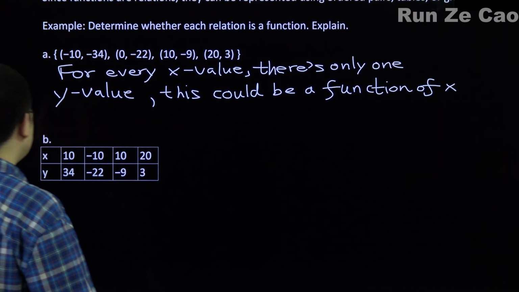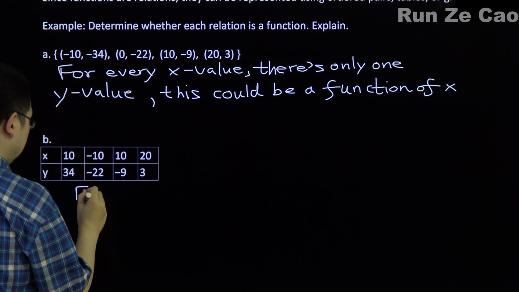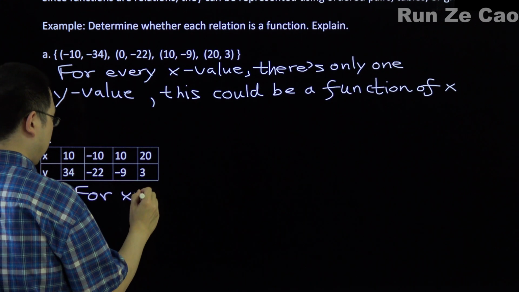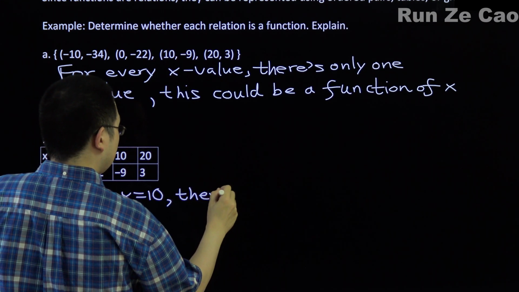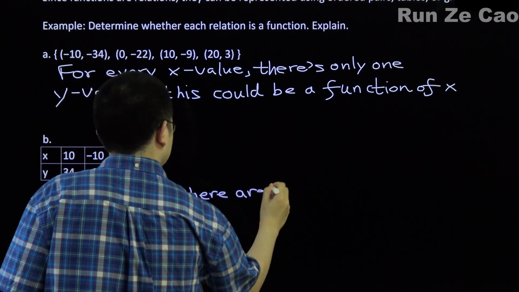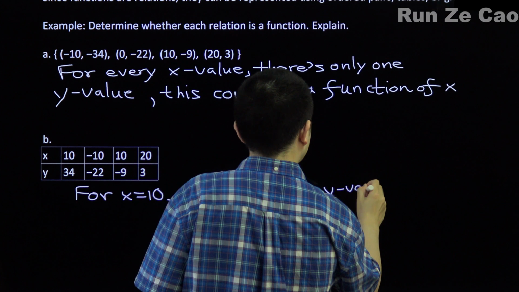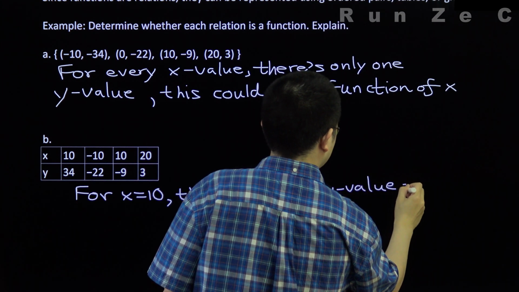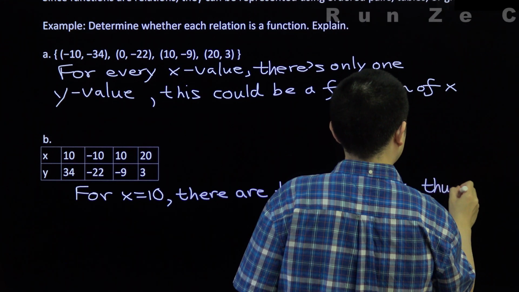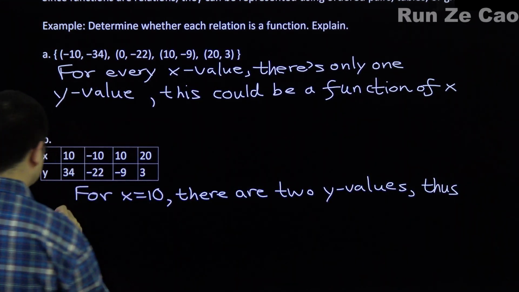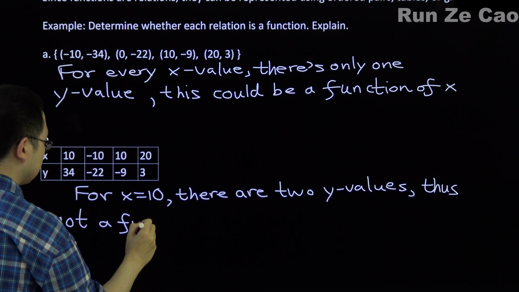Now 10, negative 10, 10, and 20. Well, for x equals 10, there are 2 y values. So, thus, not a function.